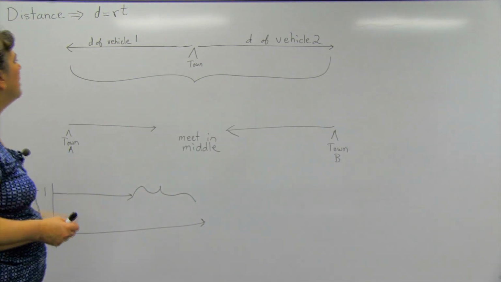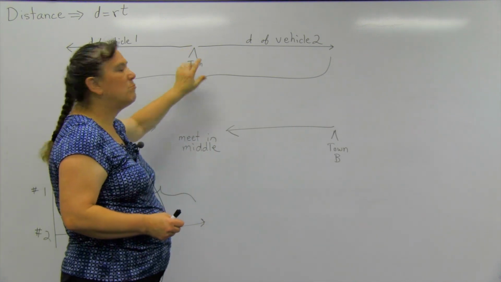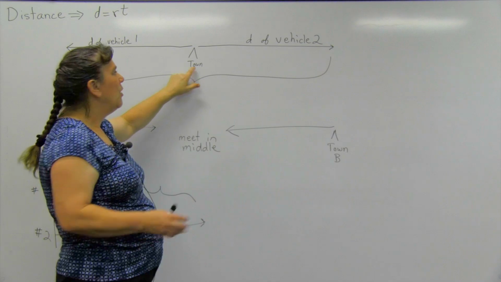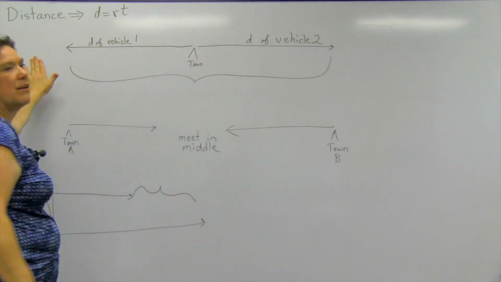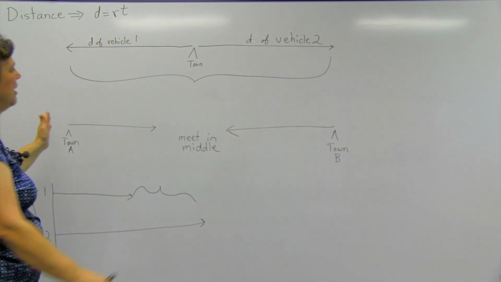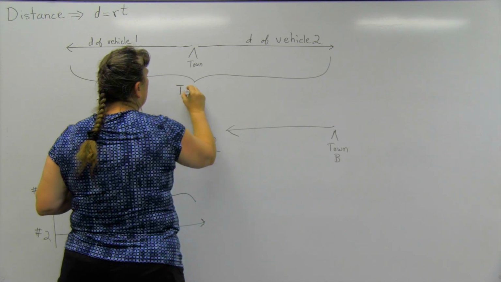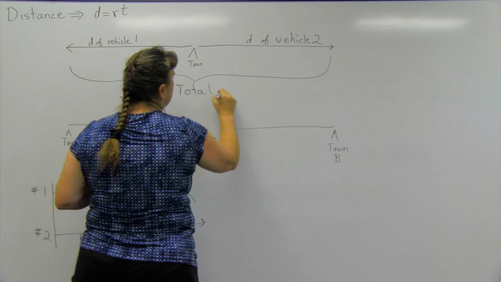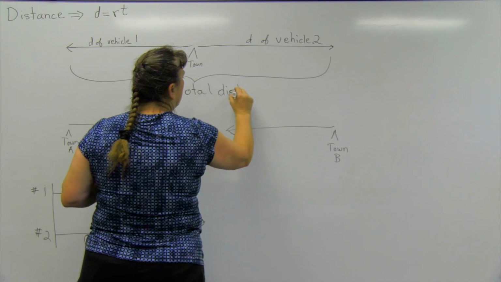in 30 Math. The first kind of problem is dealing with starting from the same point, such as a town. One vehicle is going to go one direction, the other vehicle is going to go the other direction. And you're going to end up with a total mileage, a total distance here. So what kind of a formula is that one going to give?